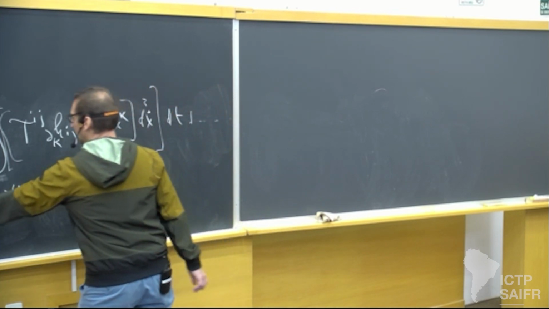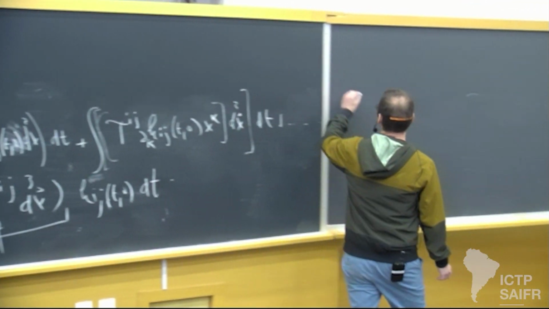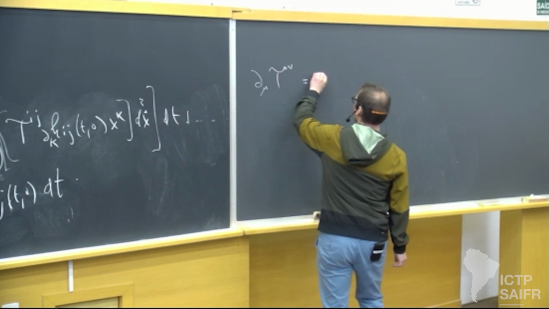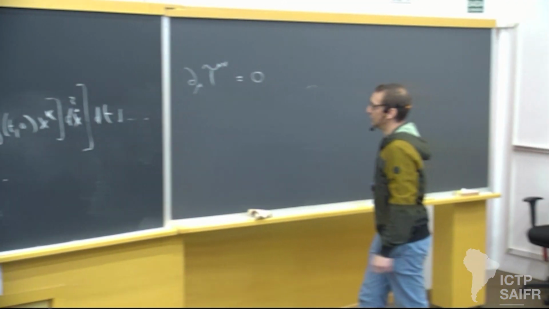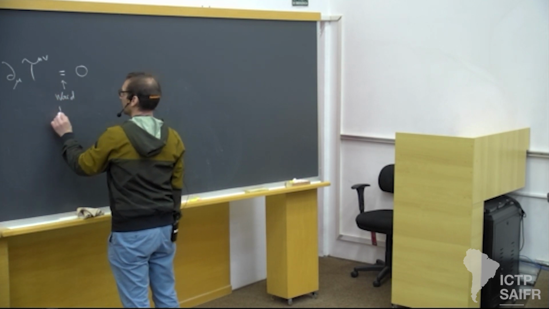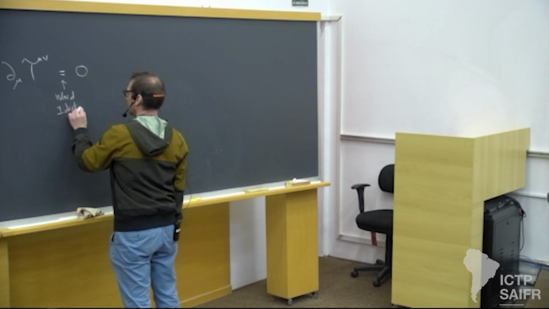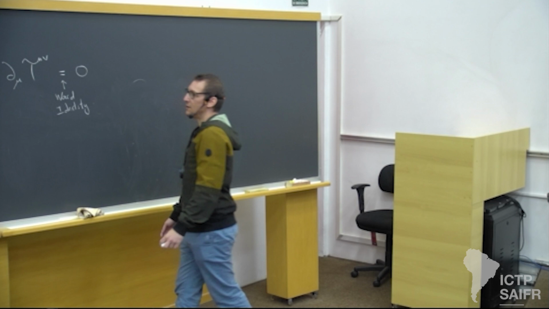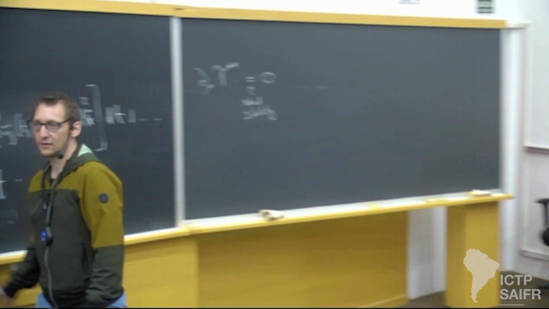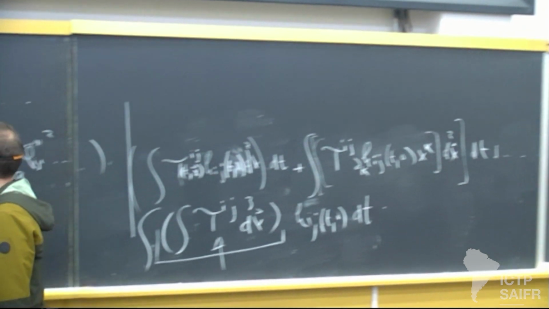Okay, so then we need to deal with this guy, and I'm going to use the trick that this guy is conserved. So this is called the Ward identity, if you want. There's a little bit of cheating here. I'm in linearized gravity.